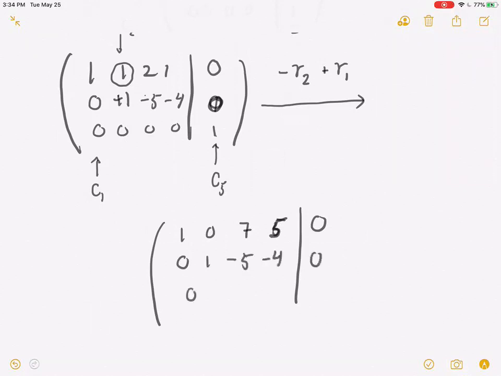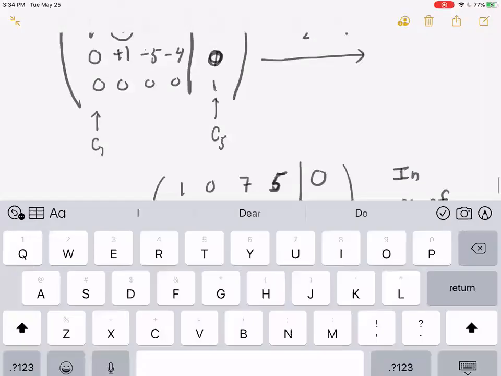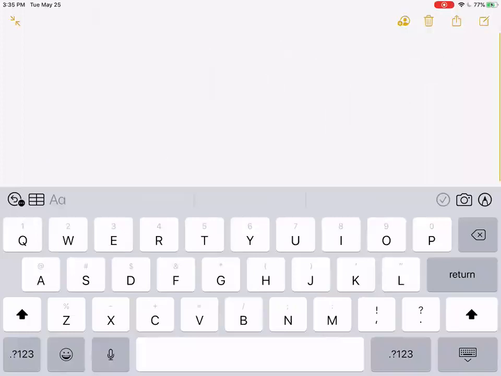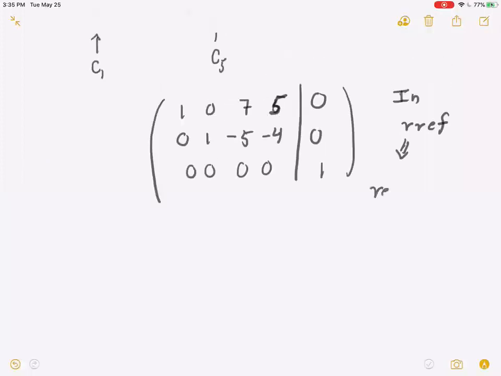Should go back and look at the definition of that. Reduced row echelon form.